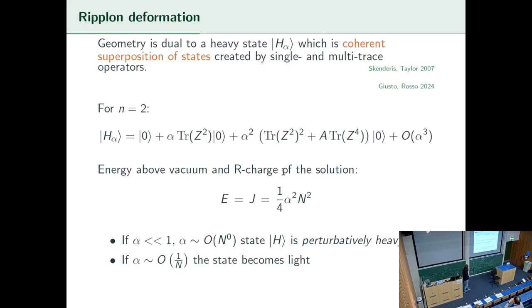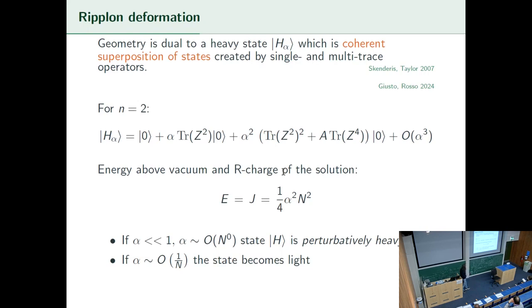The energy of this solution and its R charge were also computed in this paper, and they're proportional to the central charge of the theory, which is N squared over 4. What you can see from this formula is that if alpha is small but independent of N, the state has the same conformal dimension as the central charge, so it can be called perturbatively heavy.